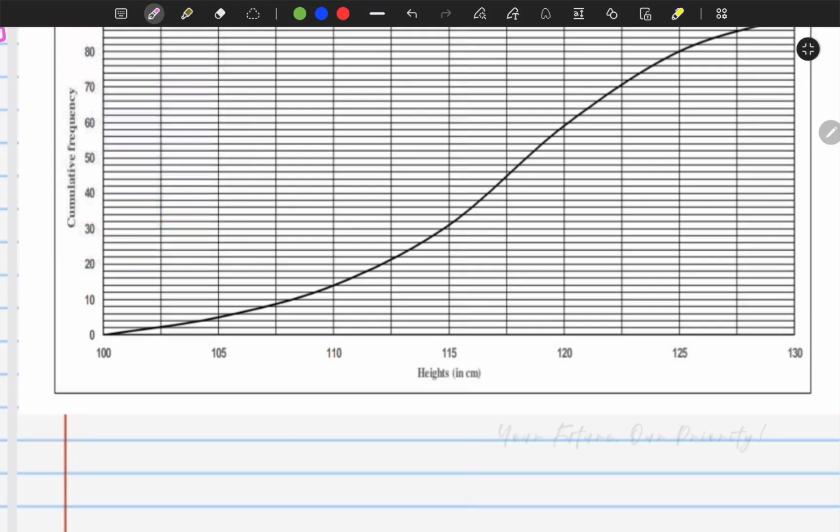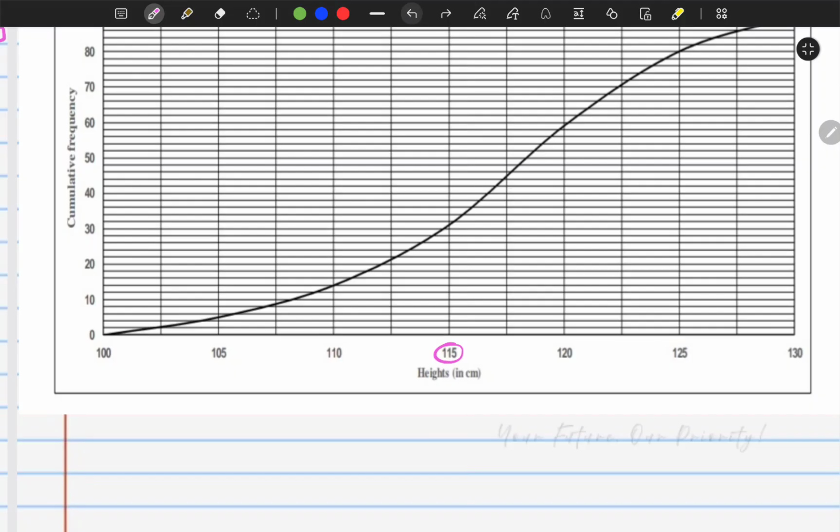So let's first see if we can make sense of what is happening here. You have 110, then 115, which means here, if you think about it carefully, that should be at 112.5. So 112.5 is just between these.